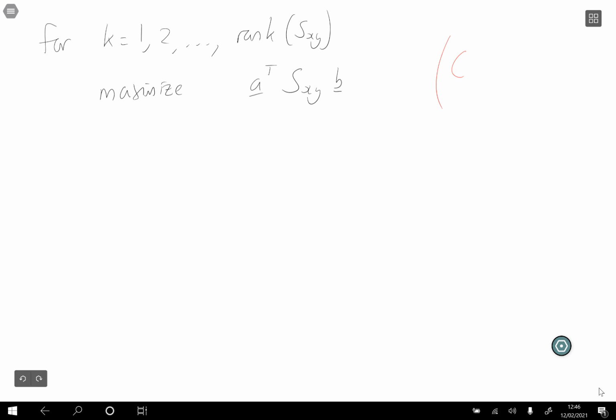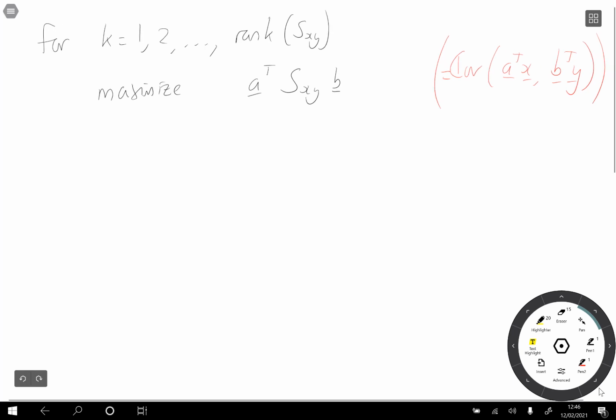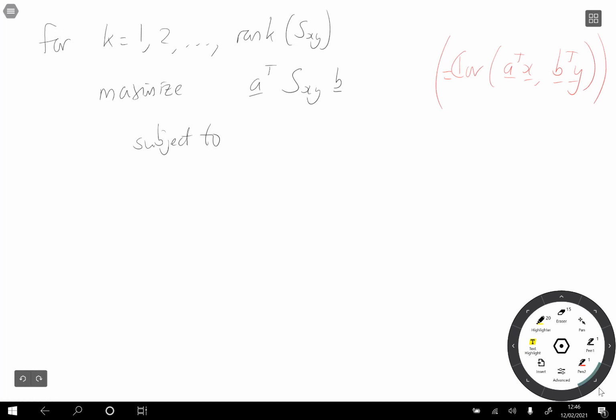That's the covariance or the correlation between A transposed X and B transposed Y. So maximize this subject to two constraints: A transposed SXX A equals 1 and B transposed SYY B equals 1.